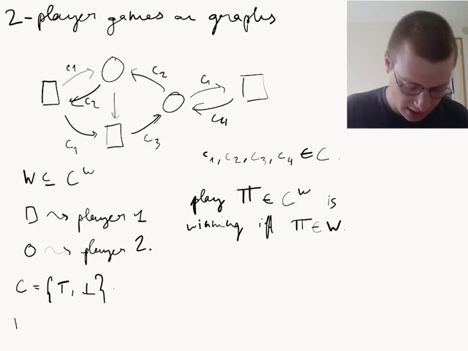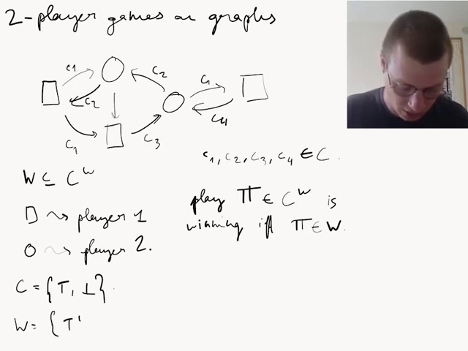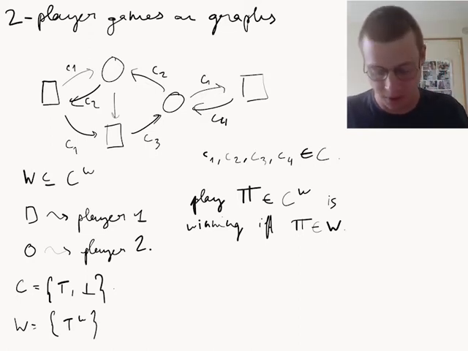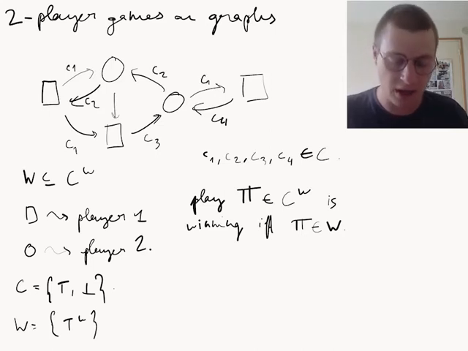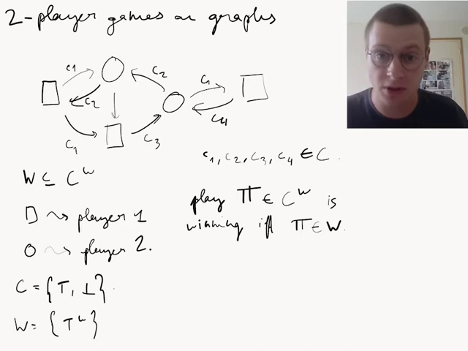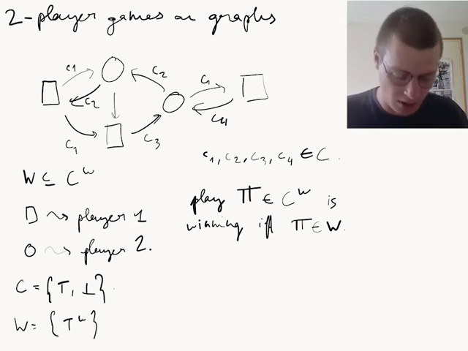The winning condition would be just one word, the singleton top to the omega. This means the square player wins if and only if he can ensure to visit only tops. This is what we call the safety condition: there are two colors and you should only see one color. So that's a safety game.